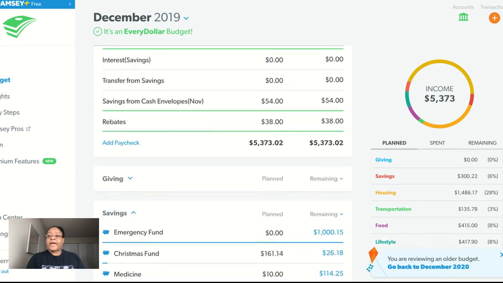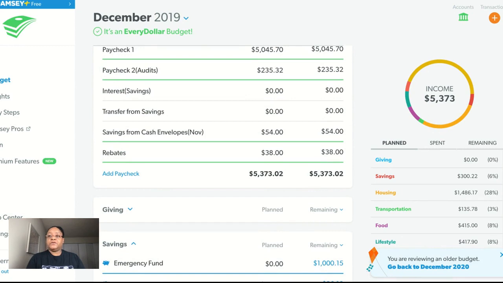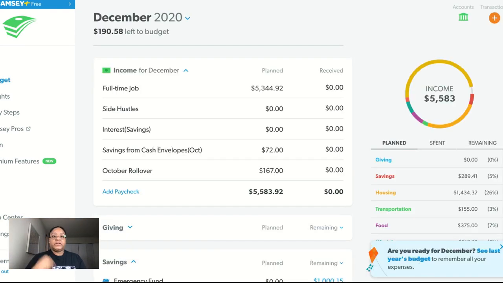So I'm going to hop back to December 2020, but yes, you can go through and see if you had any yearly expenses or stuff like that. That saves you from missing those expenses in the current year because it'll be there, and you can just add those transactions in.